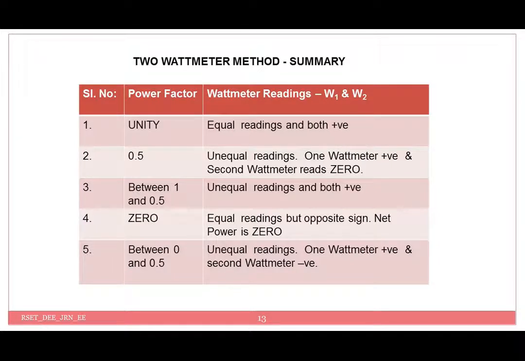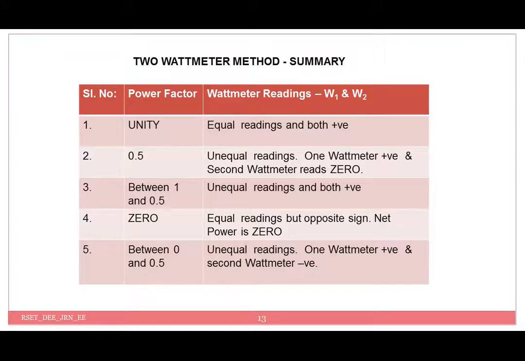W1 and W2 will show unequal readings and both will be positive. So what is your total power? P is equal to W1 plus W2. Now power factor 0 means purely inductive, and it can also be purely capacitive. So equal readings but with opposite sign. So what is your net power? Net power will be 0.